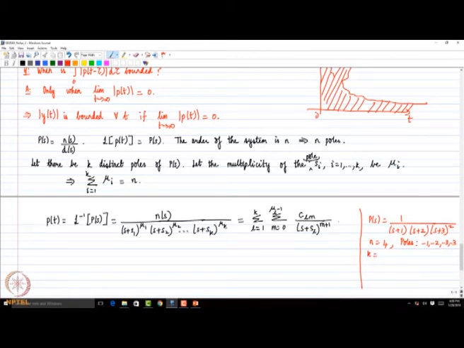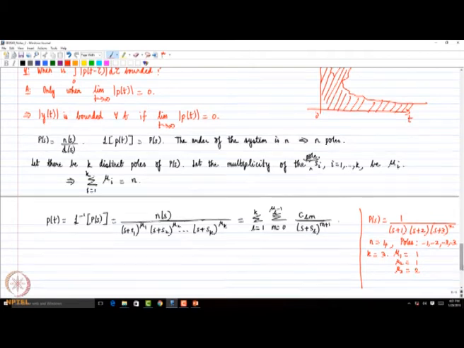So what is the number of unique non-repeating poles, K? 3. Then what are the values of mu1, mu2 and mu3, which are the multiplicities of the 3 non-repeating poles? Mu1 is going to be 1, which corresponds to minus 1. Mu2 is 1, which corresponds to minus 2, and mu3 is going to be 2.